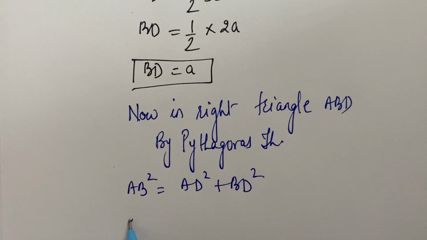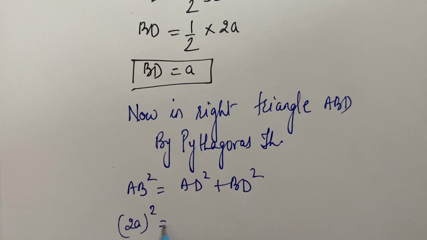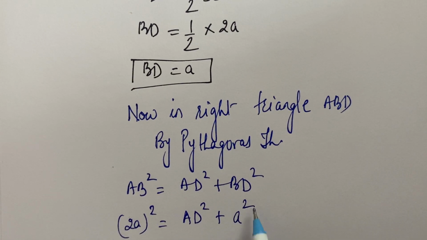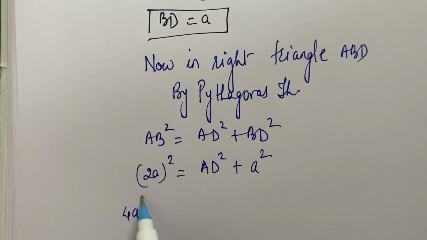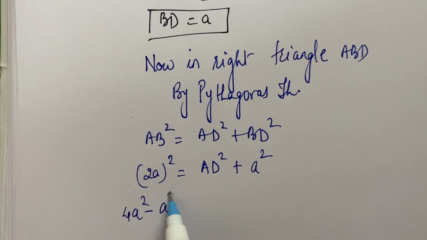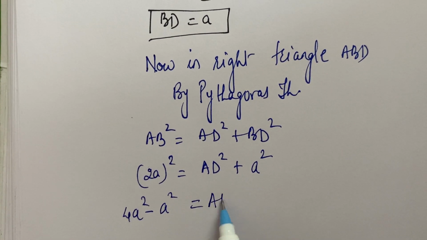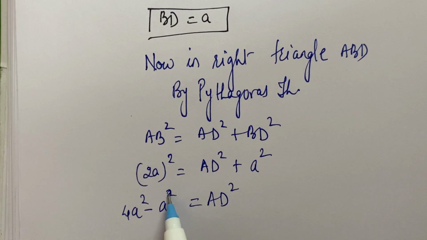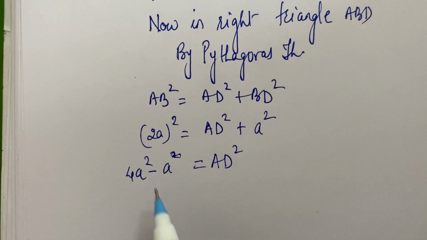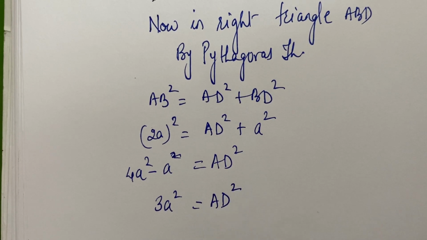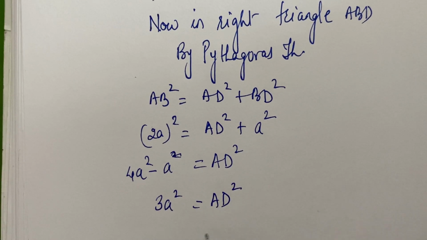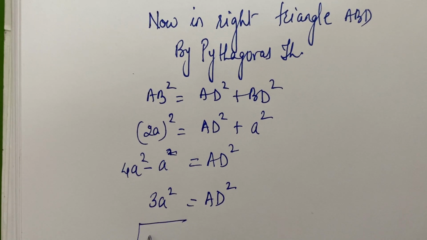AB square is how much? 2A whole square. AD you have to find. BD is A square. So this A square will move to the left hand side. 2A whole square becomes 4A square. This A square to the left hand side will give you AD square. Now 4A square minus A square is 3A square. That will be your AD square. Taking square root of both the sides, what are you going to get?